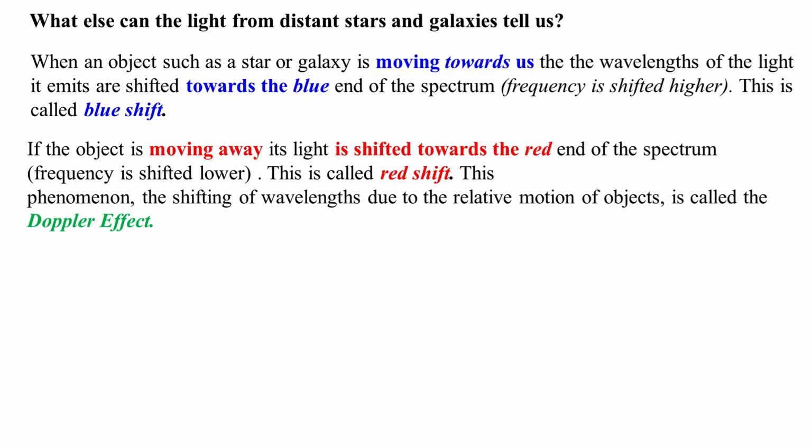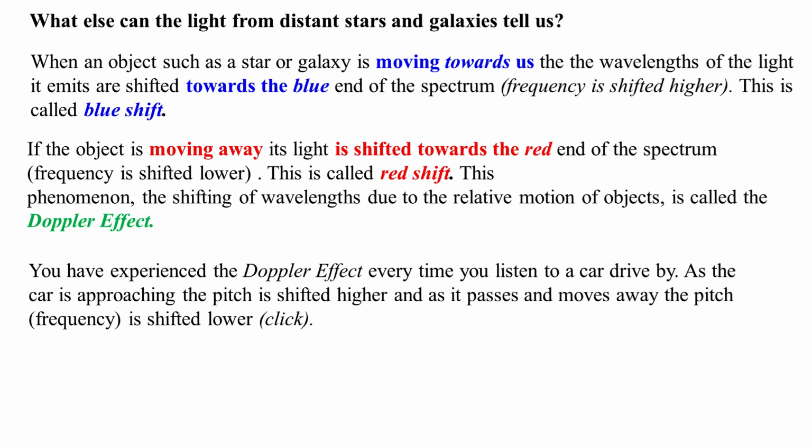If the object is moving away, its light is shifted toward the red end of the spectrum. Frequency is shifted lower. This is called redshift. This phenomenon, the shifting of wavelengths due to the relative motion of the object, is called the Doppler effect.